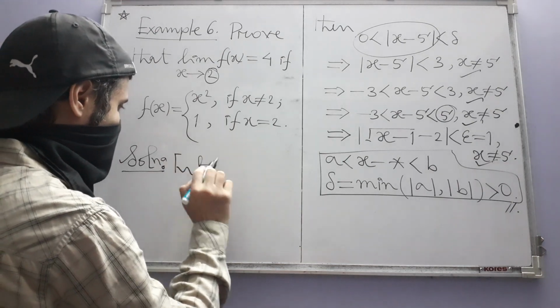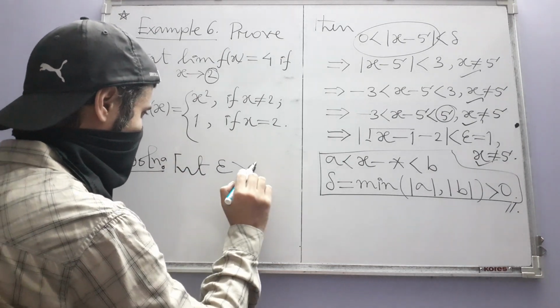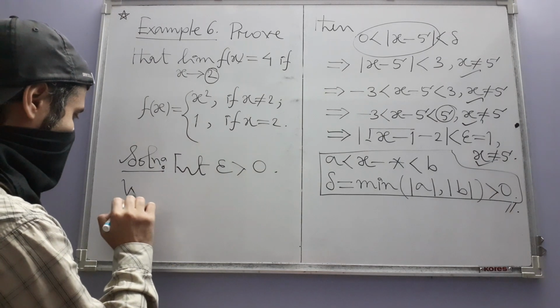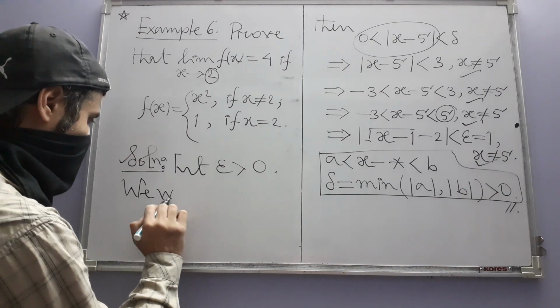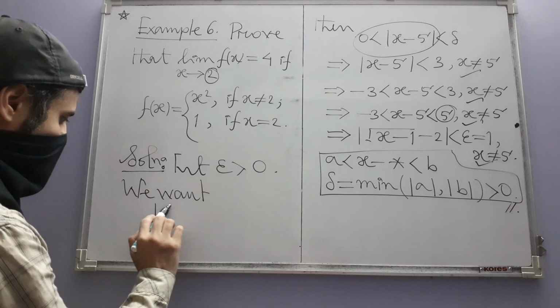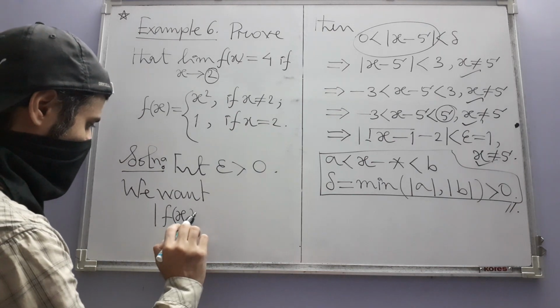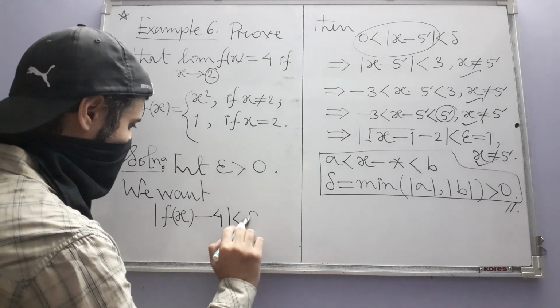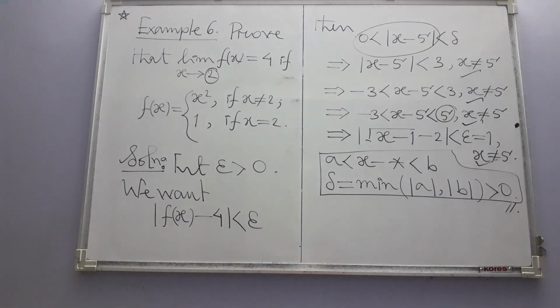But anyway, let's start by choosing epsilon. Let epsilon be an arbitrary positive real number. Now we want, here what do we want? Again, that same thing. We want for this to happen.